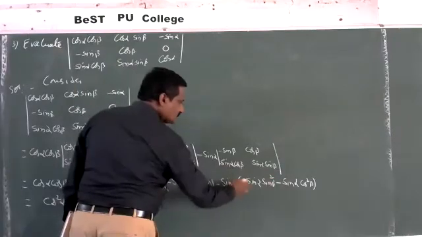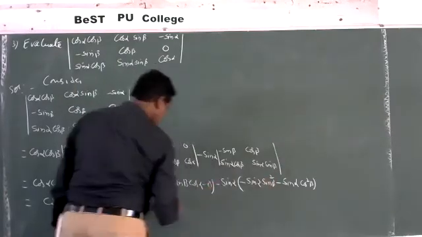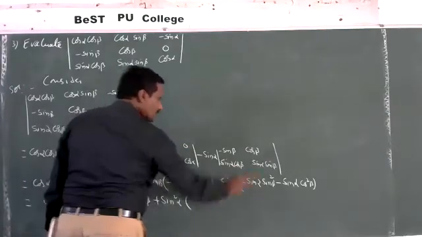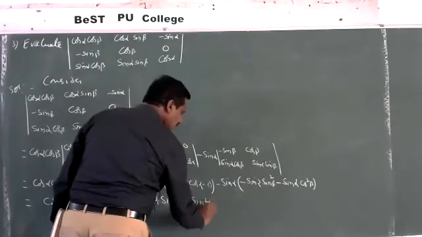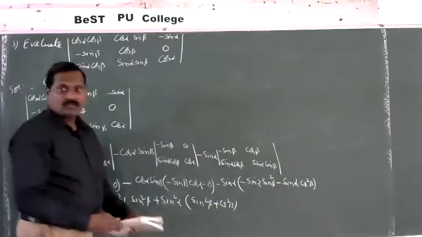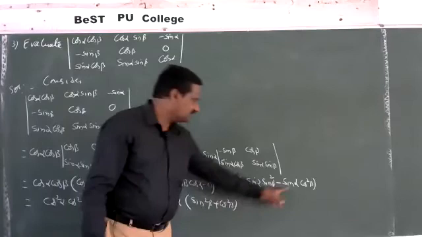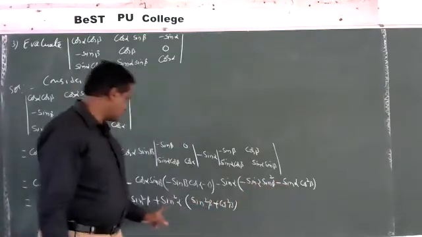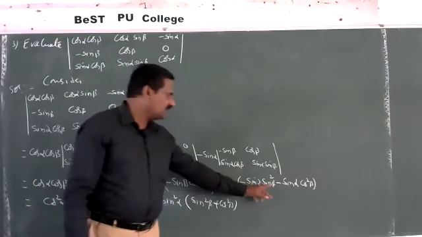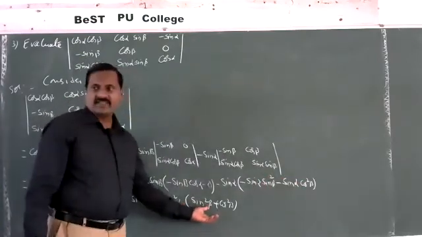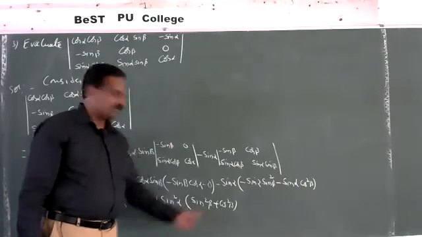Here from these two terms, if you take sin alpha outside, plus sin square alpha into sin square beta plus cos square beta. From these two terms, if you take minus sin alpha common, already minus is there, minus into minus plus sin square alpha, remaining is sin square beta plus cos square beta. But here we know that sin square beta plus cos square beta is 1.